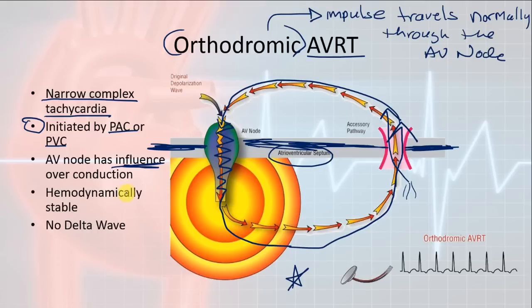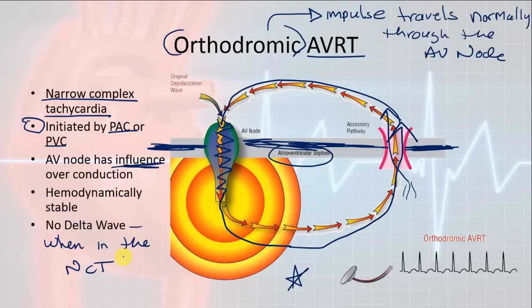Sometimes it doesn't, though. A lot of times these people are hemodynamically stable, and there's no delta wave when in the narrow complex tachycardia. Once you convert this, are you going to have a delta wave? And the answer is yes. You will have a delta wave when it is beating at a normal heart rate.